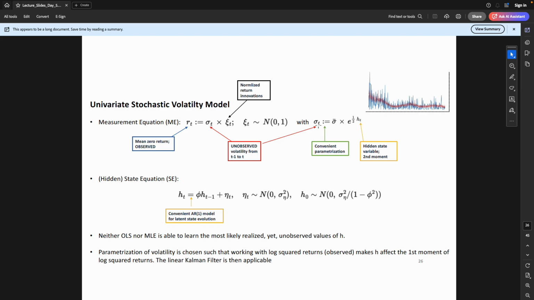So if you look at that carefully, what do we see? First of all, sigma upper bar has the interpretation of average volatility, roughly speaking, because h, you see here, it moves around 0, because phi_0 is 0. So therefore, on average, h would be 0. e to the 0 is 1.